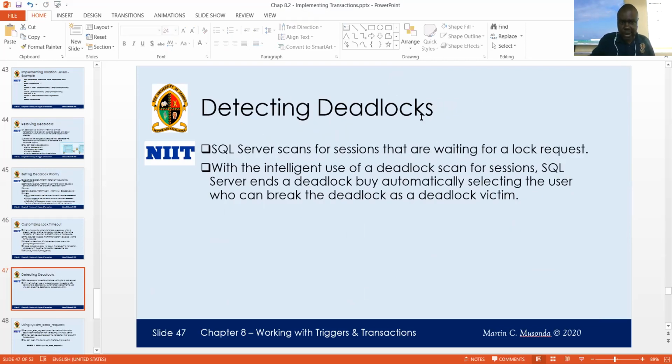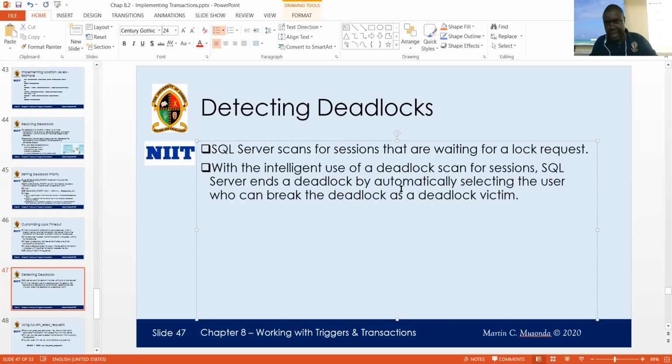Detecting deadlocks. SQL Server scans for the sessions that are waiting for a lock request. With the intelligent use of a deadlock scan for sessions, SQL Server ends a deadlock by automatically selecting the user who can break the deadlock as a deadlock victim.